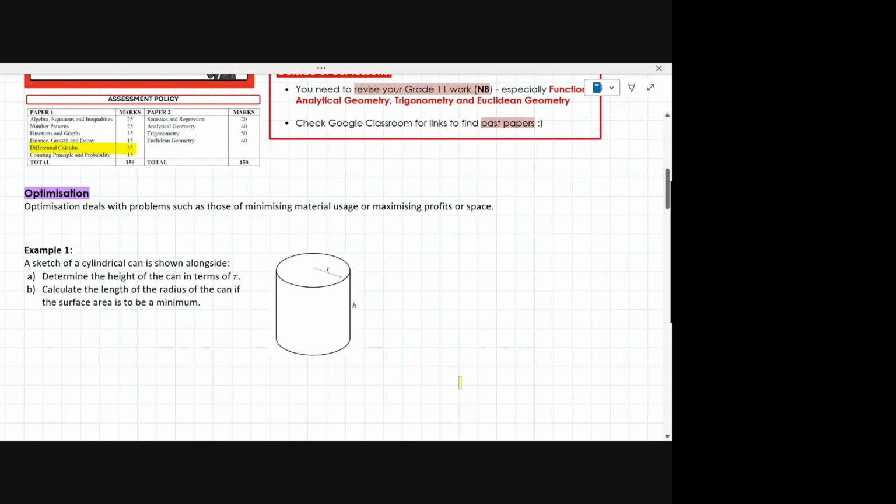What it allows us to do is take real world scenarios and essentially use maths to solve problems. The problems that we're going to be solving when it comes to optimization are things like, let's say, for example, you own a baking business or a packaging business, and you needed to produce boxes or whatever the case is, but you wanted to use a minimal amount of materials, optimization could come in.